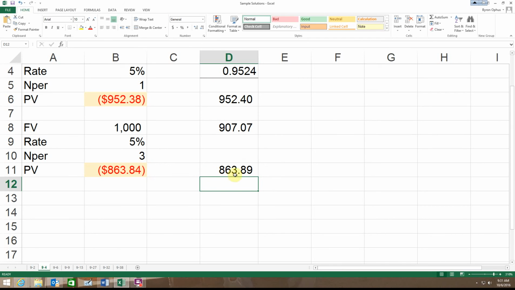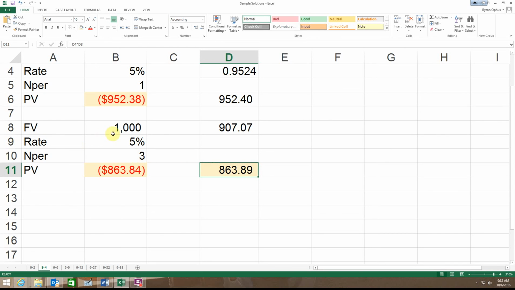I'm 5 cents off, and that's because of some of the rounding I did up there in the factor, but I come up with the same answer as if I did a present value calculation. Mine's positive here and this one's negative, and I'm not going to get too uptight over positives and negatives when it comes to this. There will be times when it's important, but this is not one of those.